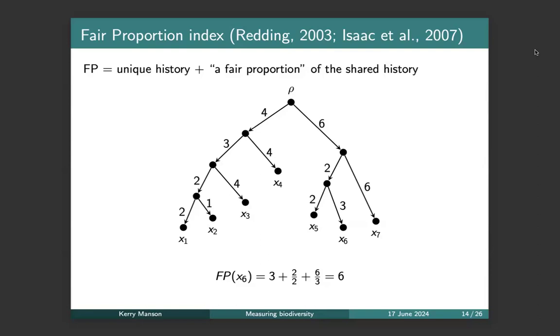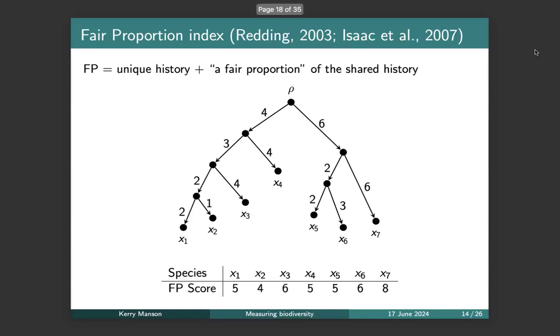So the fair proportion that we get would be 6 divided by 3. And so we add these up, 3 plus 1 plus 2, and we get a value of 6 units. Usually, if we have a time tree, it would be evolutionary, say 6 million years of evolutionary history. This one is not, so yeah.